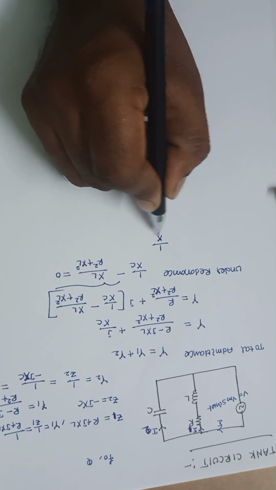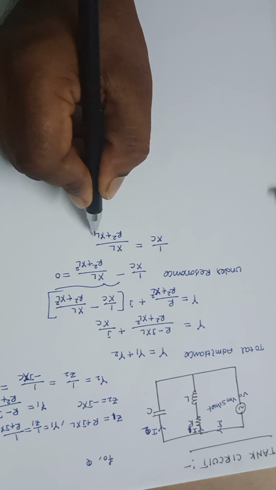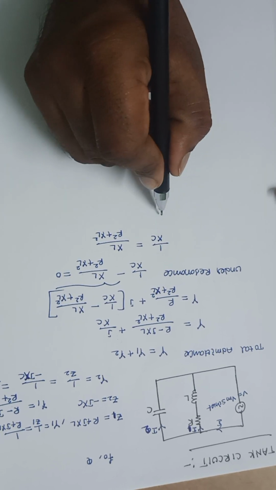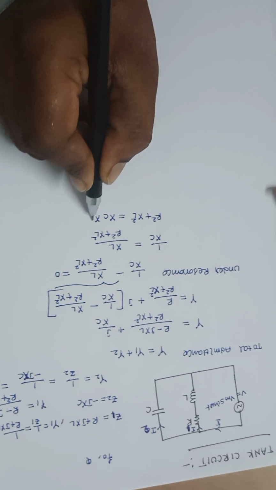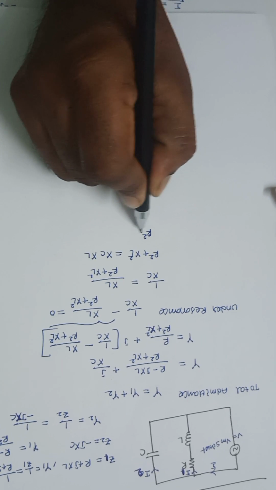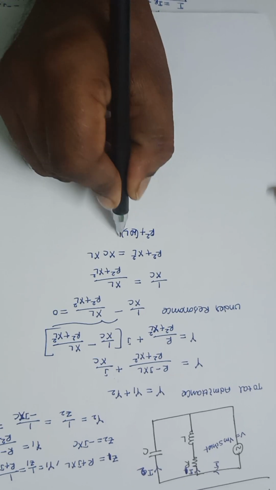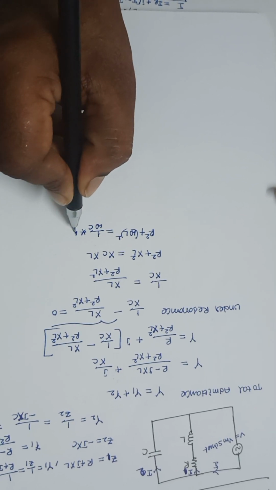Now it is 1 by XC is equal to XL divided by R square plus XL square. Now cross multiply it: R square plus XL square is equal to XC into XL. Now it is R square plus omega L whole square is equal to 1 by omega C into omega L.